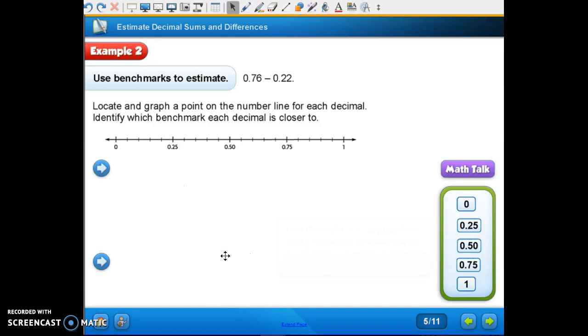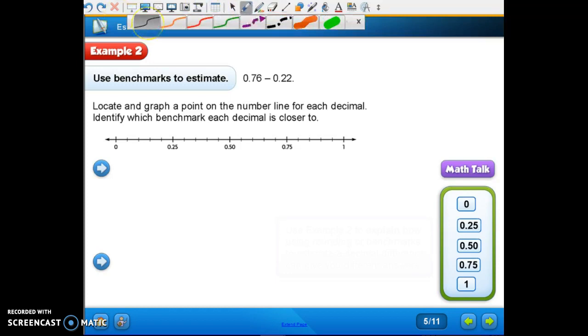Okay, now we're going to use benchmarks to estimate again. 76 hundredths minus 22 hundredths, and this time we're subtracting. Locate and graph a point on the number line for each decimal. Identify which benchmark each decimal is closer to. So let's look at 76 hundredths.